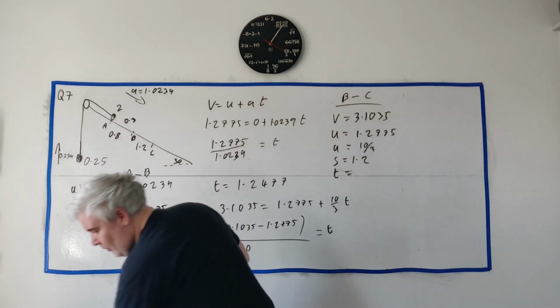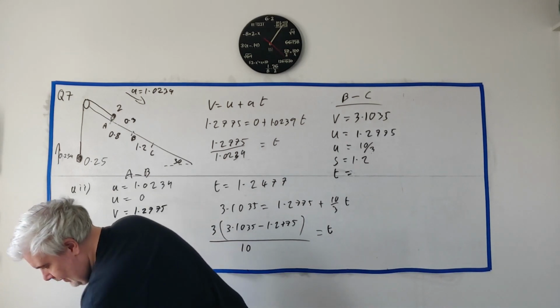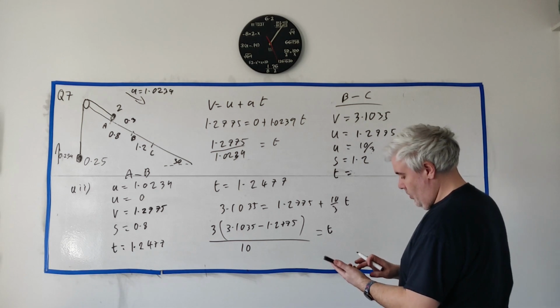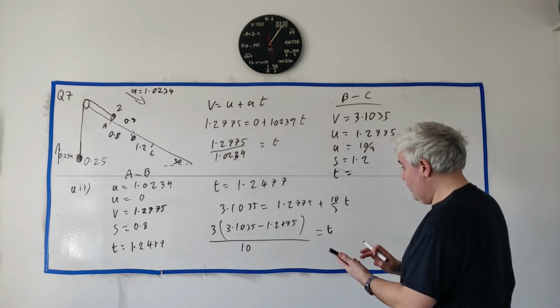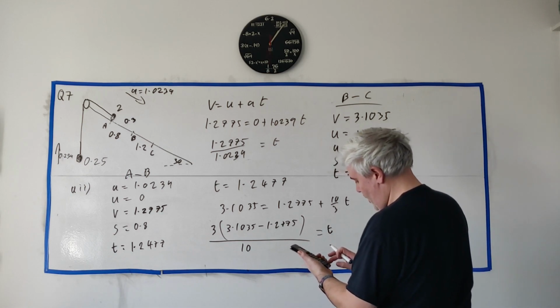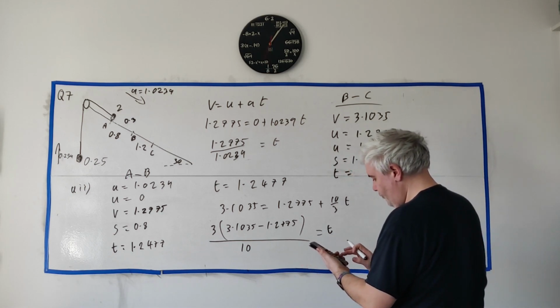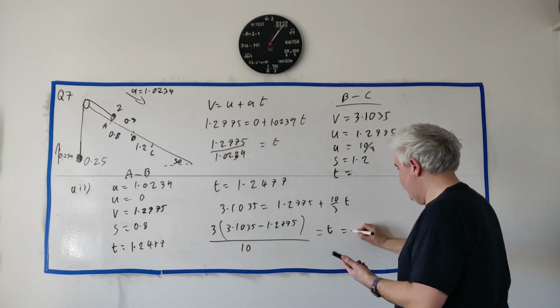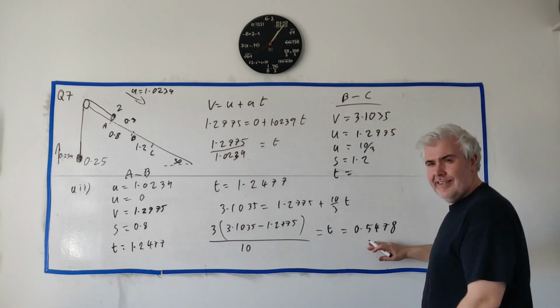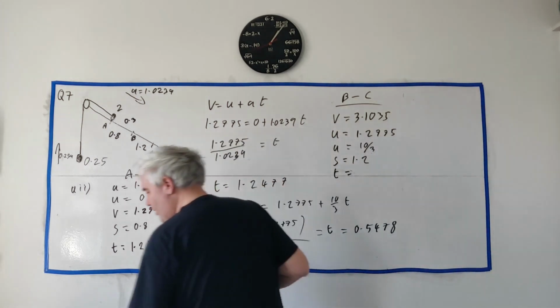Put all of that into a calculator, and I don't think I have that written down, so I better do it now. 3.1035 minus 1.2775. Let's see, multiply by 3, divided by 10, and we get 0.5478.